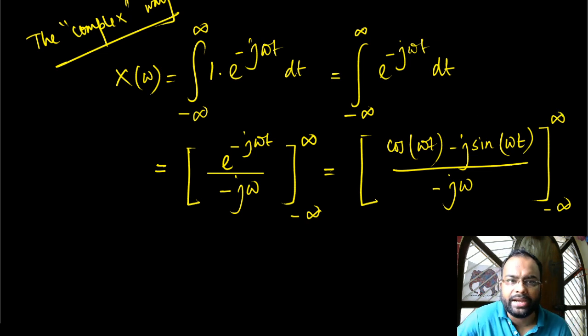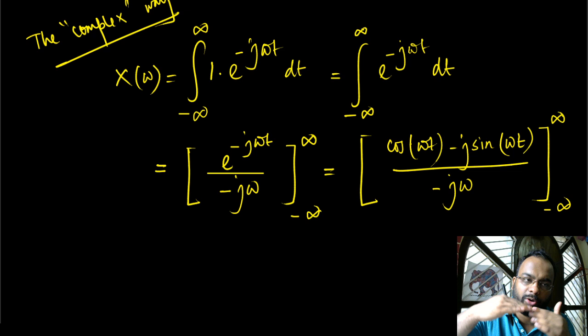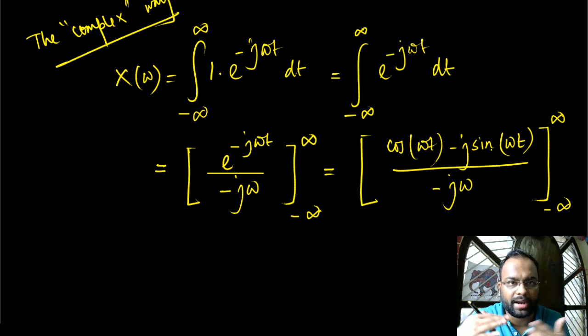Now if I put infinity, I'm not entirely sure what value I'm going to get. I know that cos omega t can vary between plus 1 and minus 1, sine omega t can vary between plus 1 and minus 1, but I'm not sure what exact value it will end up reaching when I put infinity, and same case for minus infinity. So this limit does not exist in this fashion.